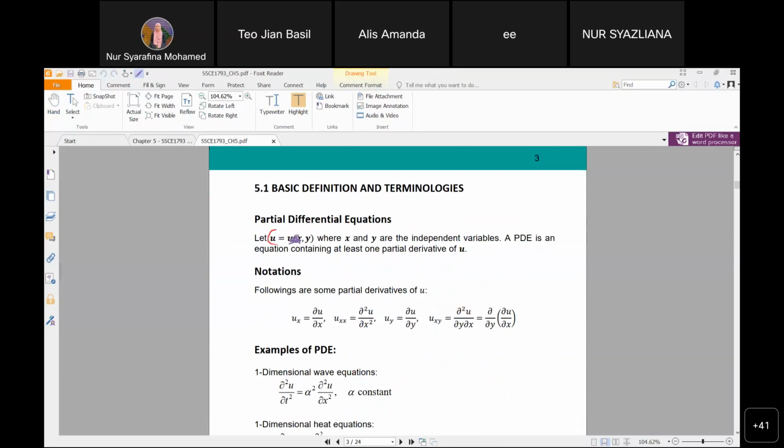So if you have a function u, where that function is in terms of x and y, then if at least one partial derivative of u exists, then we call it a PDE.